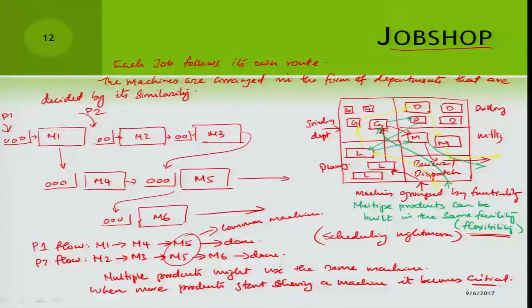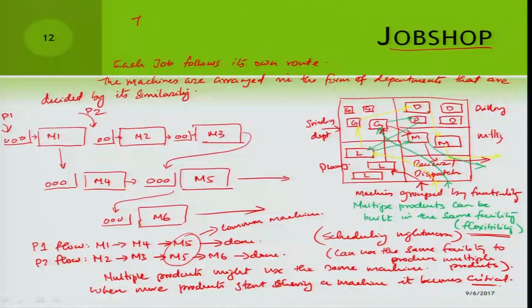It's not very easy to schedule a system in which all sorts of haphazard flows happen. But the main advantage is it can use the same facility to produce multiple products. So you have flexibility, but you have a scheduling nightmare.